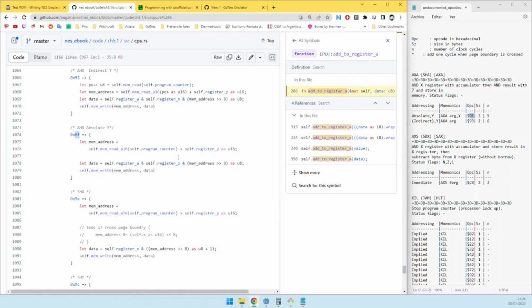Mem address shifted by 8. Why is it addressing the memory? So the memory address is 16 bits. So it's taking the higher byte for the AND. It's so strange.